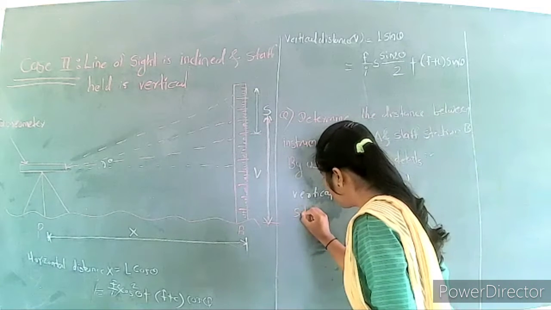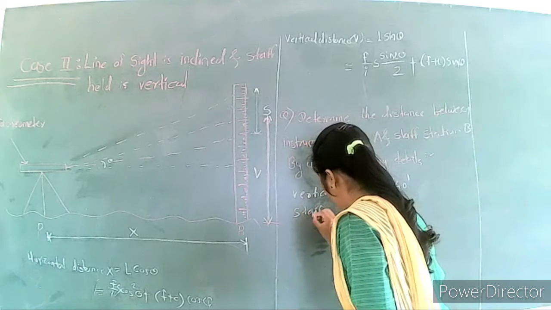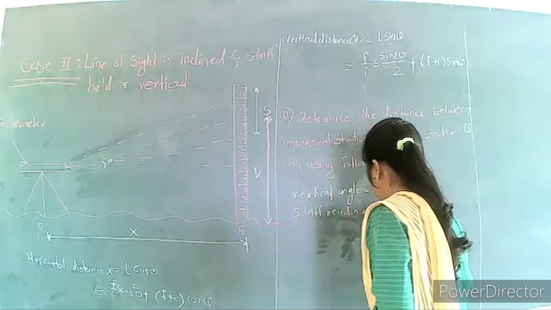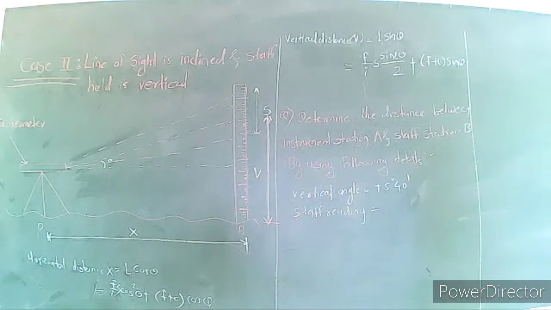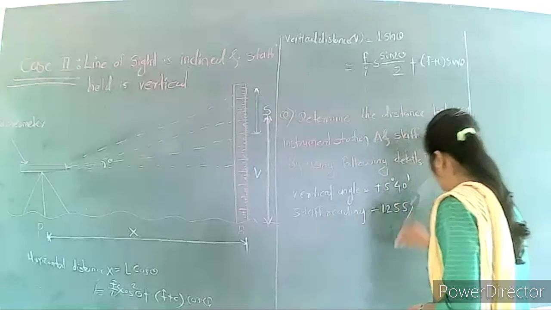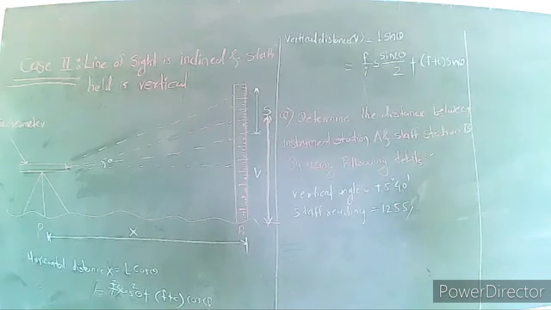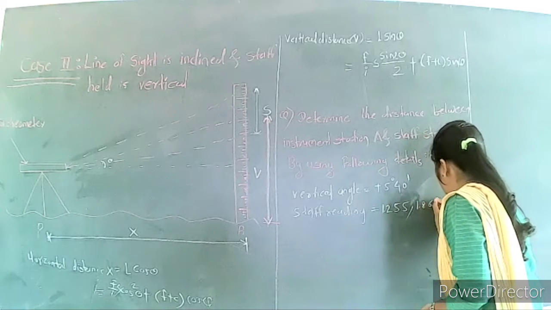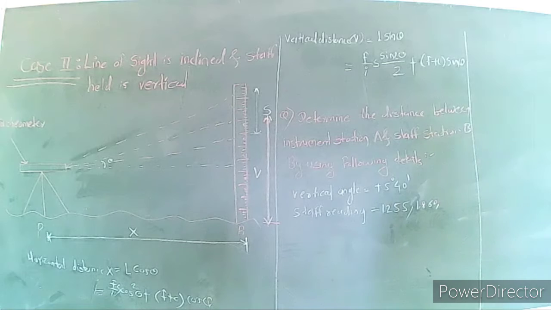The top hair reading is 1.255. Then the second staff reading, that is the axial hair reading, is 1.860, and the bottom hair reading is given as 2.465.